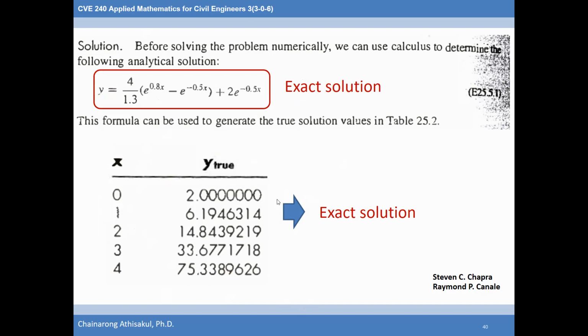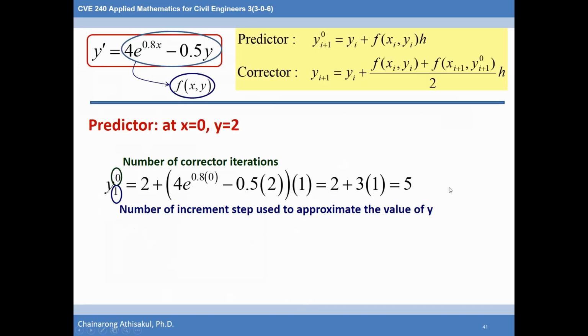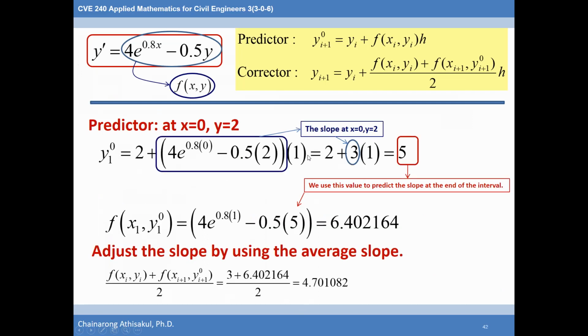After that, we apply HEUN'S method to solve this differential equation. When we apply HEUN'S method with the initial condition, that is when x equal to 0, y is equal to 2, we substitute x equal to 0 and y equal to 2 into the equation.